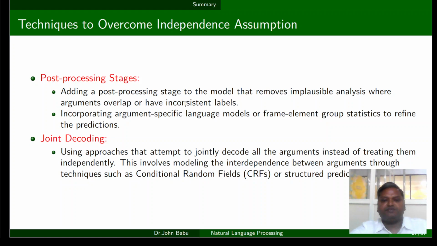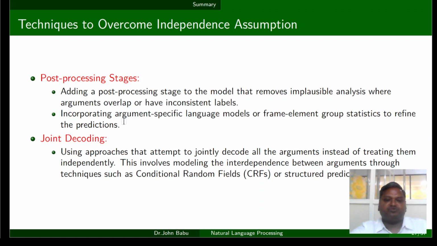That we will remove, and we can incorporate argument-specific language models to refine the prediction. In the previous classification paradigms, we have seen post-processing filtering all the nodes, null nodes also.